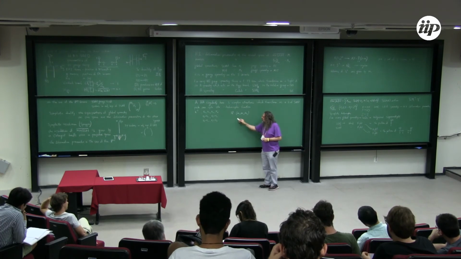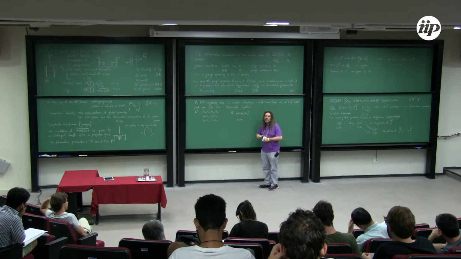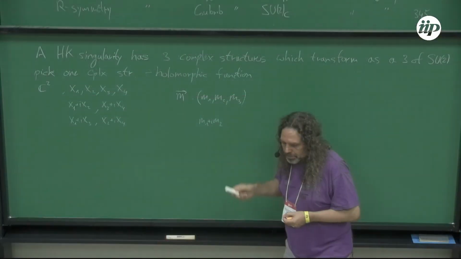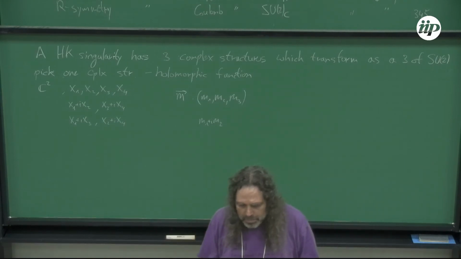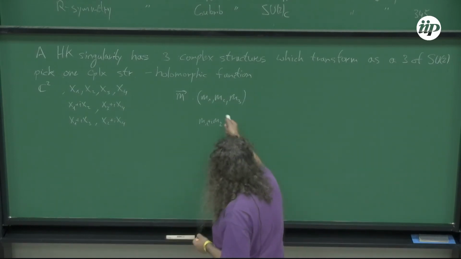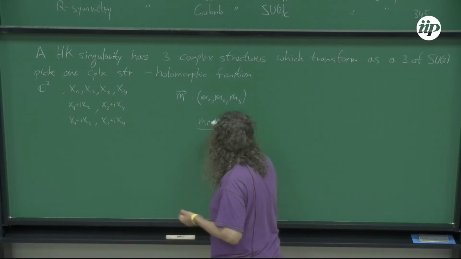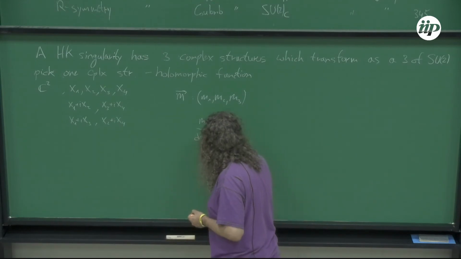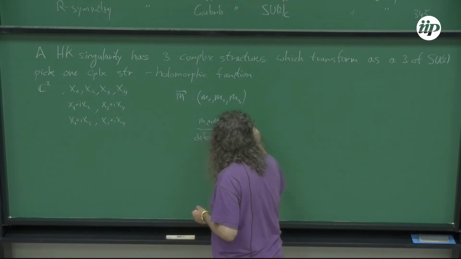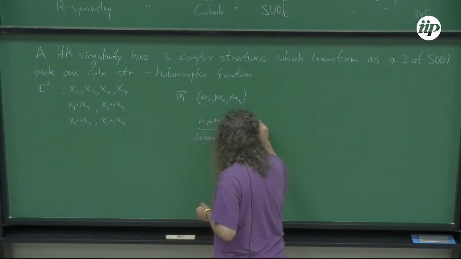I have just one notion of holomorphic function, and I can give sense to a deformation and resolution. In the mathematical literature, this is called deformation, and this is called resolution.